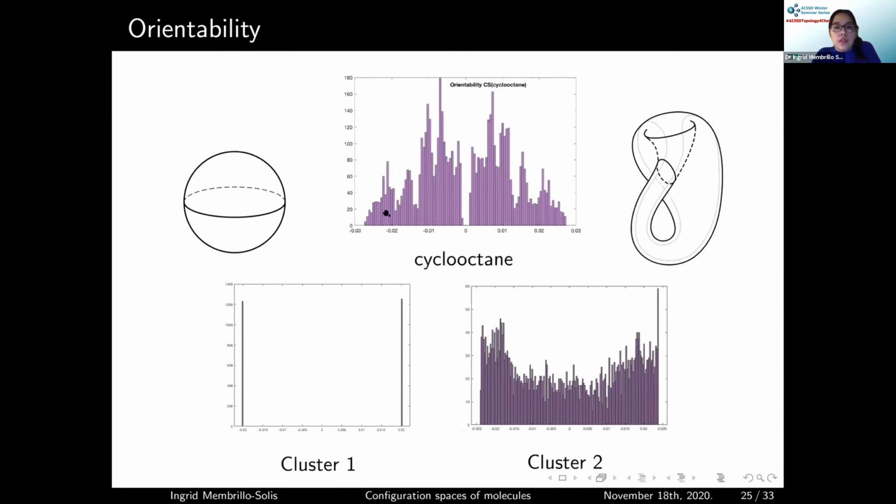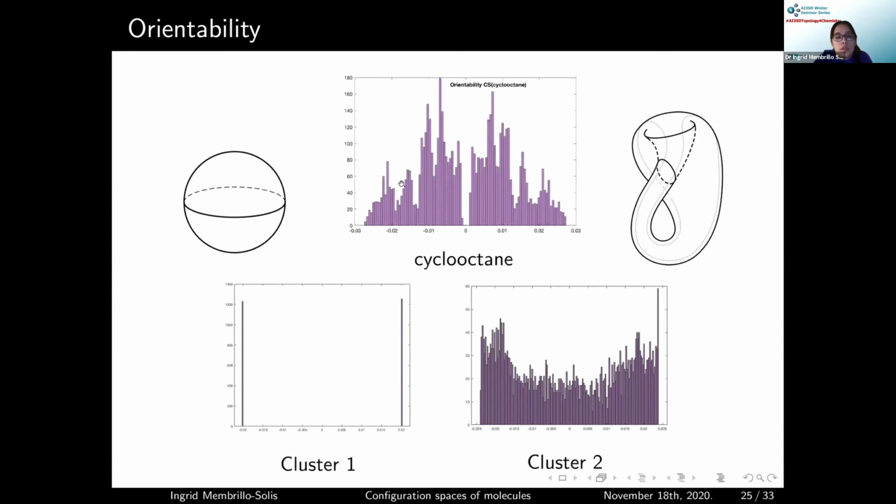We knew that the original data set of Martin and others was not a manifold, but still, we tried to see what the algorithm showed, and it finds that it's not orientable at least.